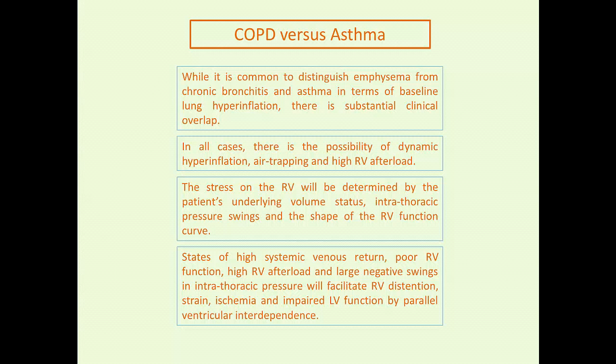And you may have very different responses in patients with chronic bronchitis versus emphysema in terms of the degree of lung hyperinflation, the degree of ventricular interdependence, right ventricular afterload increases, changes in left ventricular diastolic function, changes in left ventricular afterload.